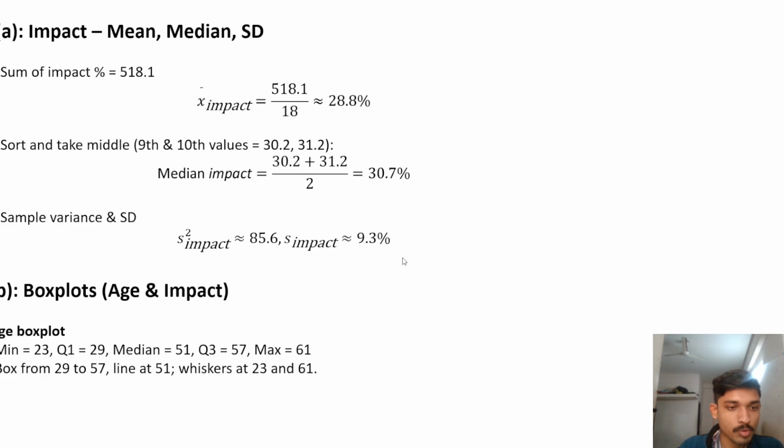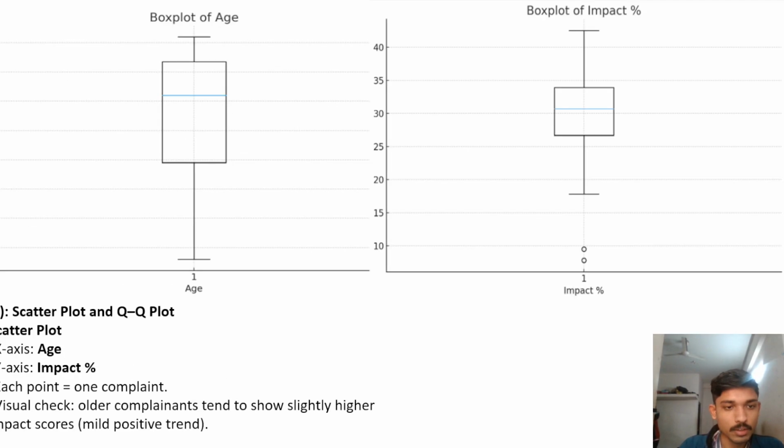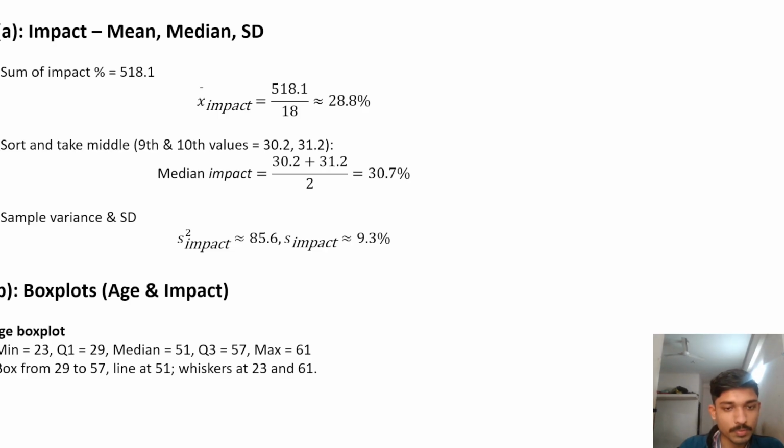So we will do the box plot for it. We have already discussed that for the lower box line we have to calculate quartile 1, and for the upper box line we have to calculate quartile 3. For age, as the data suggests, quartile 1 becomes 21, the median is 51, and quartile 3 is 57.